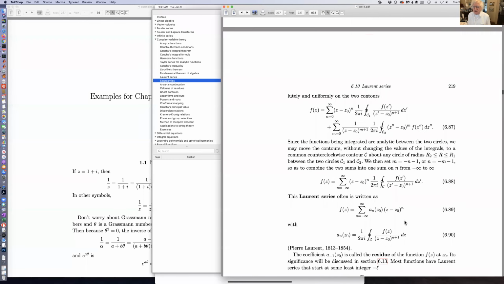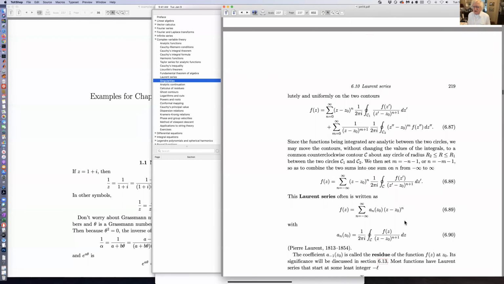And so we've extended the function f of z from a circle of radius 1 to the whole complex plane except for the point z equal to 1. And so that's a striking example of analyticity.